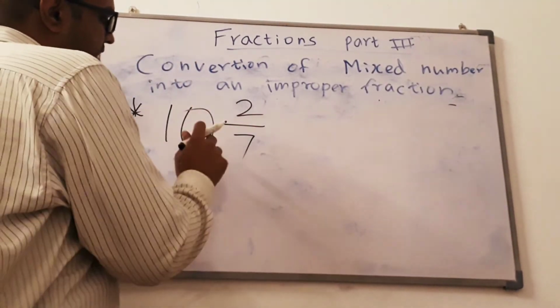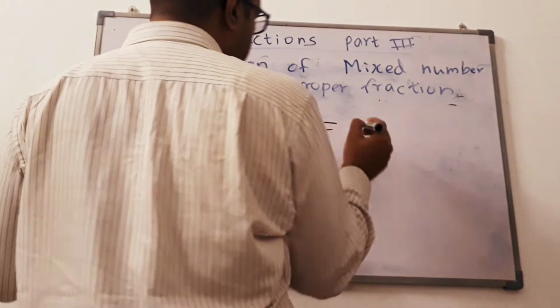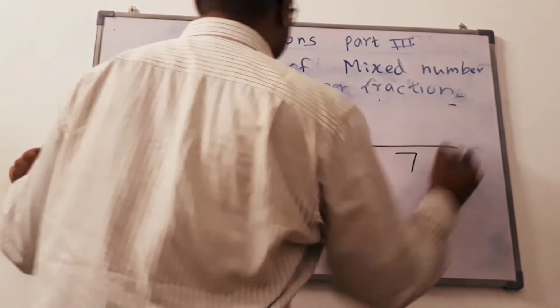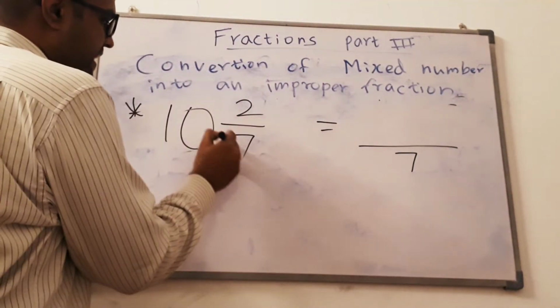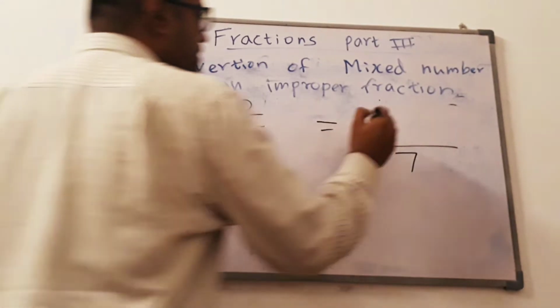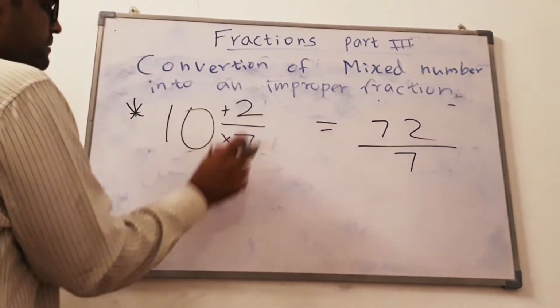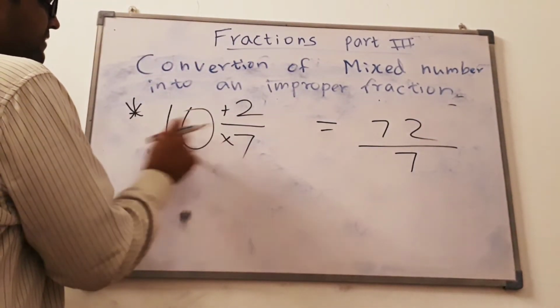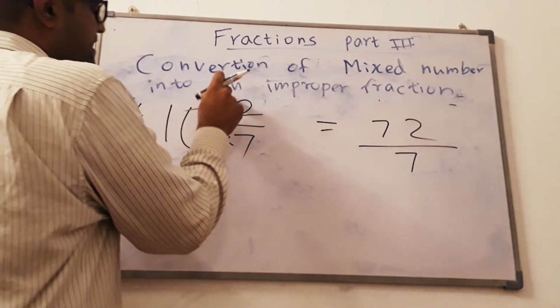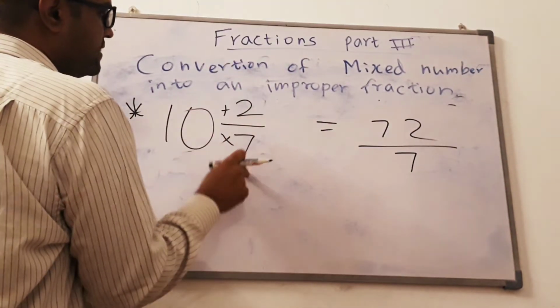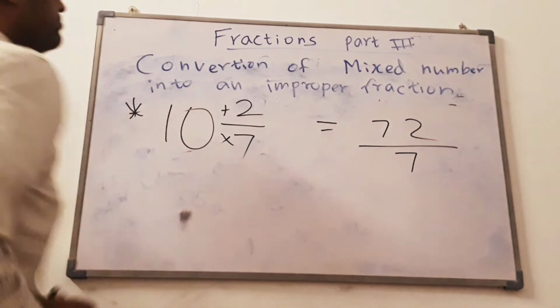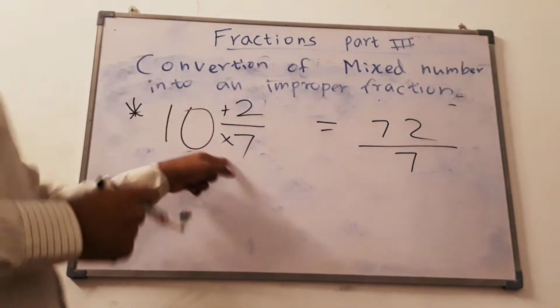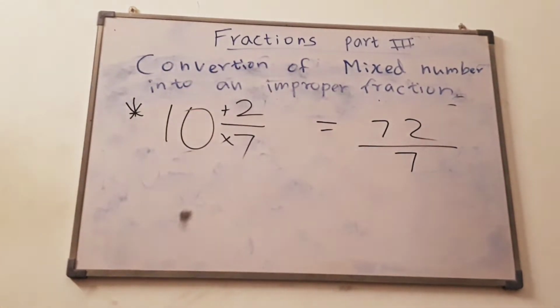What we have to do is, here the denominator remains the same. Numerator, what happens? Whole number times denominator means 10 times 7 is 70, plus numerator 2. 70 plus 2 is 72.